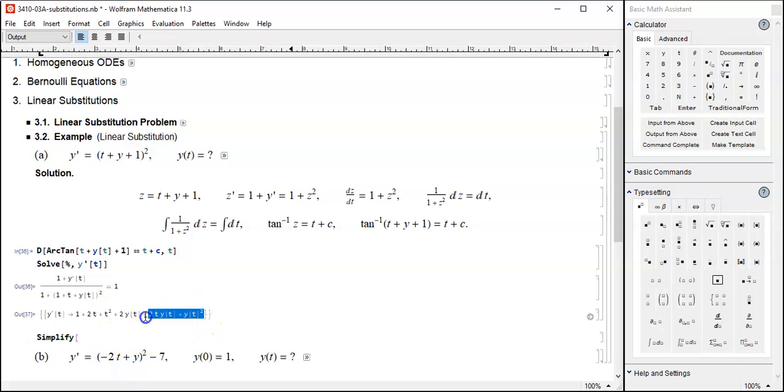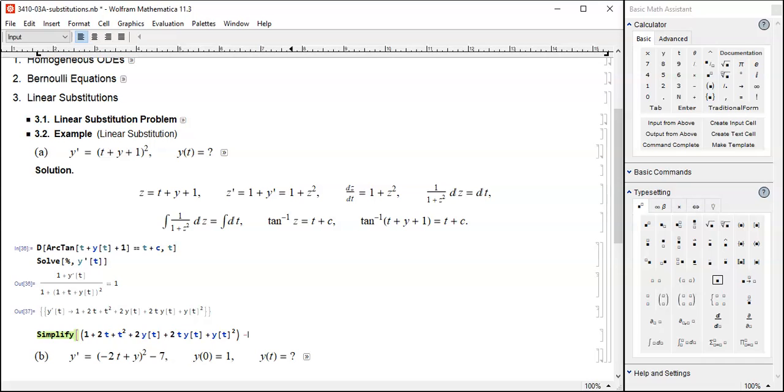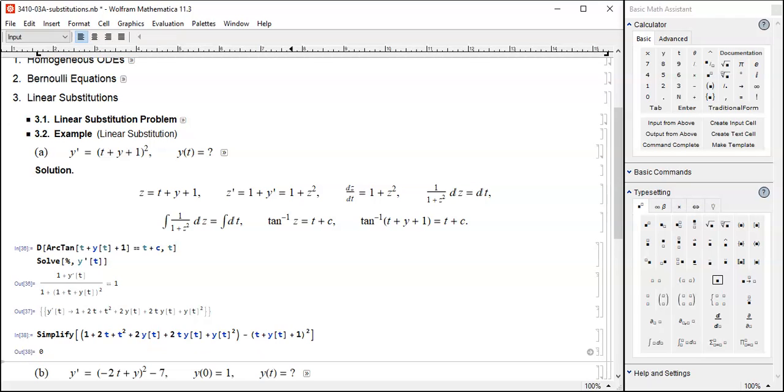Simplify this expression that Mathematica just spat out, minus this one, t plus y of t plus 1 total quantity squared, subtract one from the other and check that it equals 0.